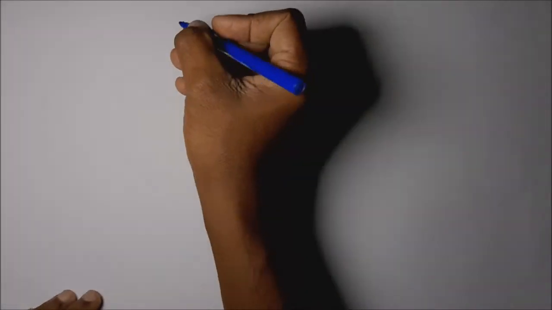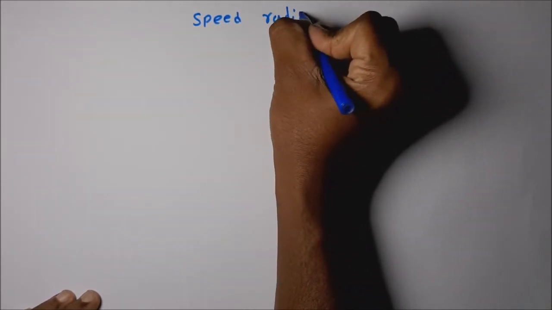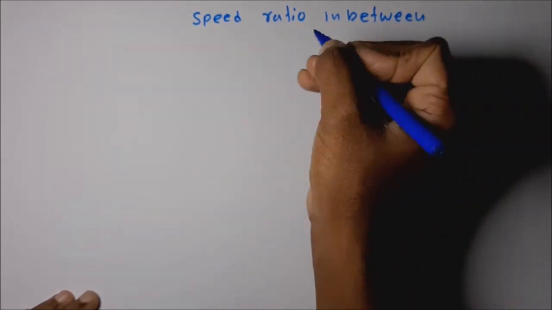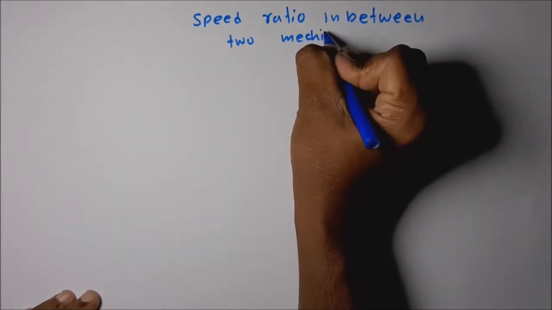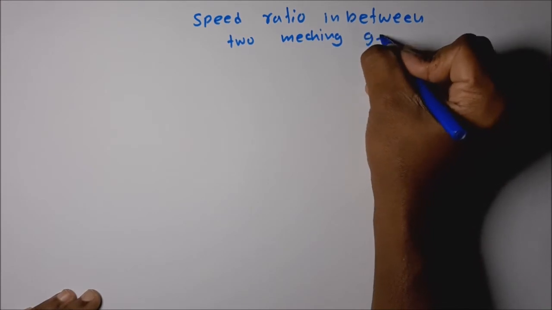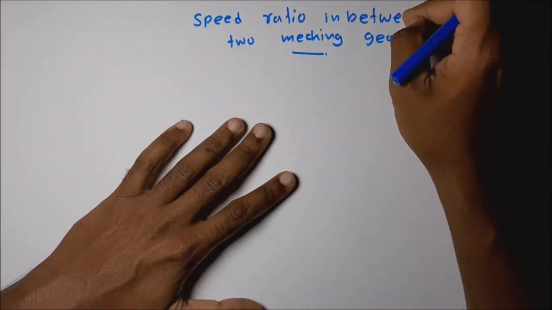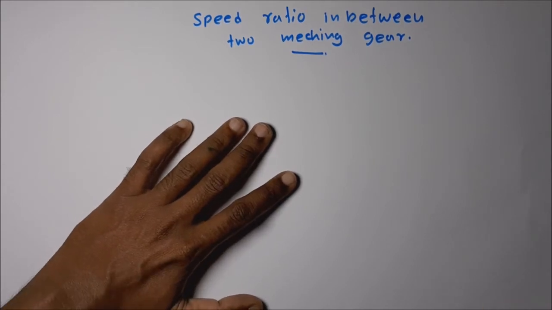Okay, let's take the simplest example. First of all, I'm going to explain how to calculate the speed ratio between two machine gears.